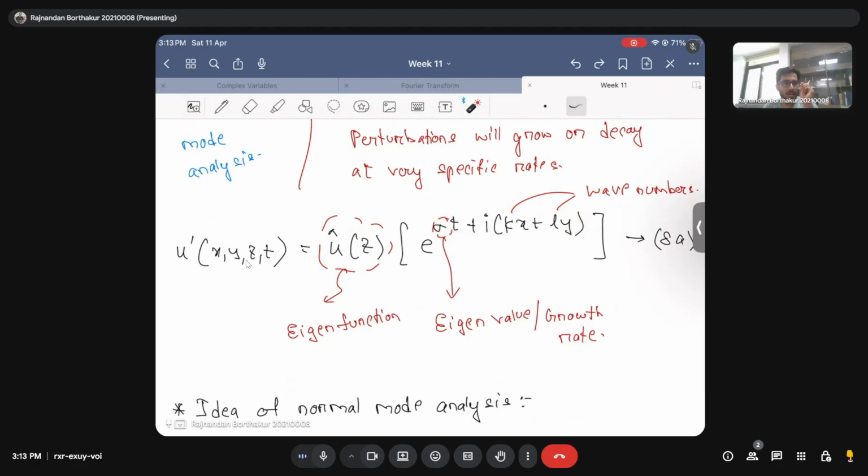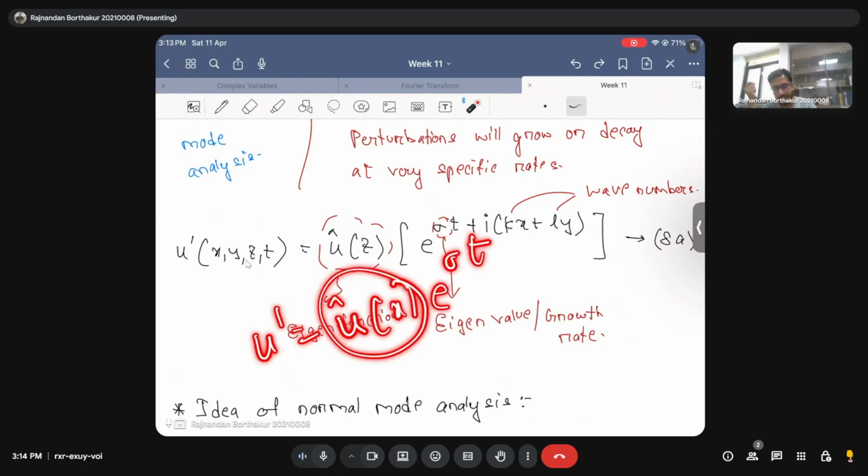The idea of it, I have already conveyed in the last class, comes from the Fourier transform. If I have an unbounded domain, let's say in x, and I know that my perturbations are going to exponentially decay or grow with time, I can write my perturbation u prime as some function of x times e power sigma t.